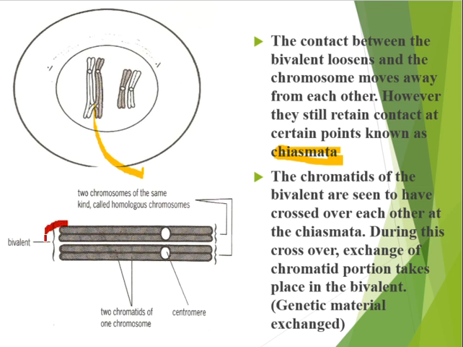As you can see, the bivalent pair is here. Then the chiasma, a single point of contact, is here, where there is exchange of genetic material.